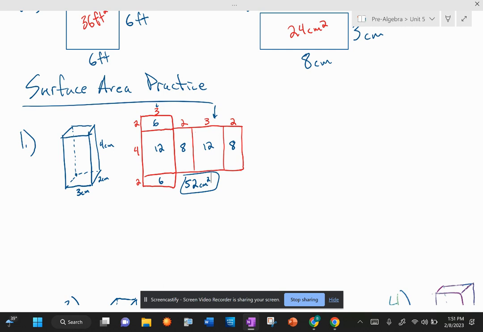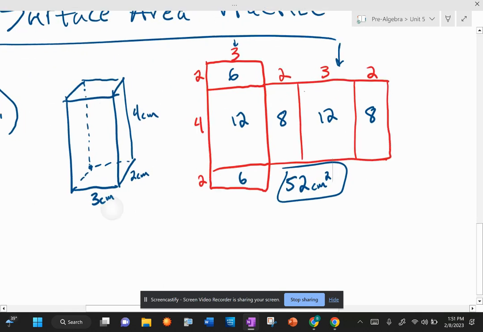But another way to do these, okay, is you have how many pairs of the same area within this whole shape. So we have 2 boxes that have a 6. We have 2 boxes that have a 12. We have 2 boxes that have an 8. Which means that you're going to have these different combinations of the dimensions twice.